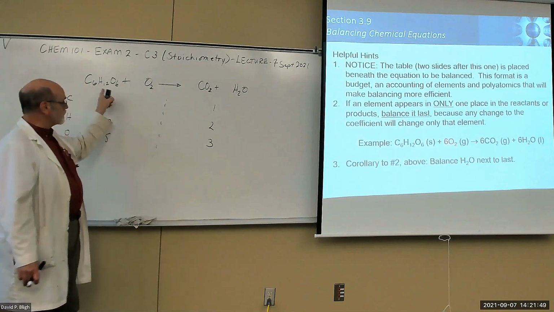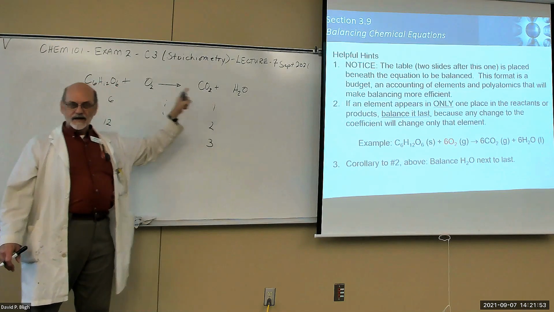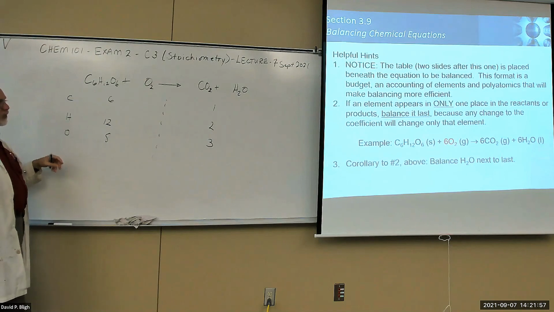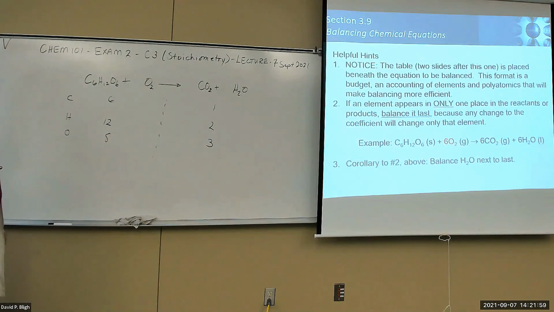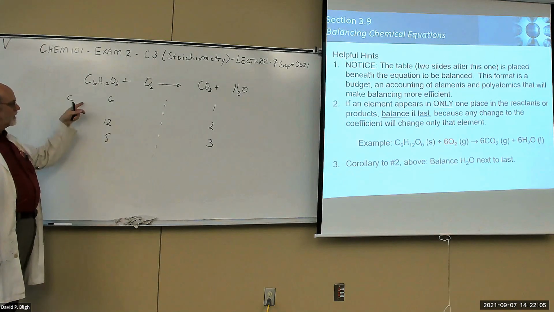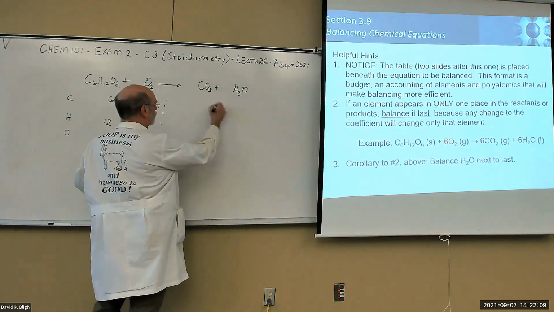So you have to be sure that these are written correctly first. And then you go try to balance. So where do we start? Well, if I don't have an intuition, I just start at the top. So carbons, 6 on this side, I want 6 on this side. So I put 6 there.